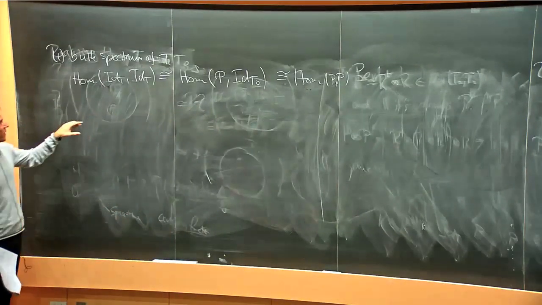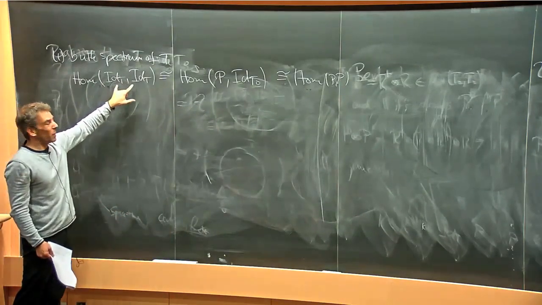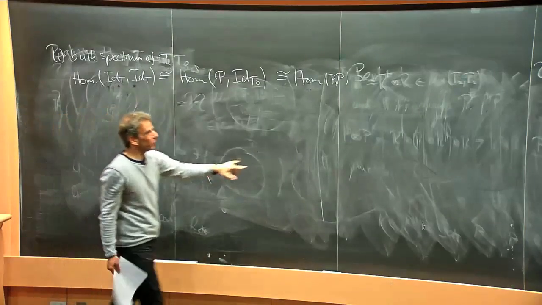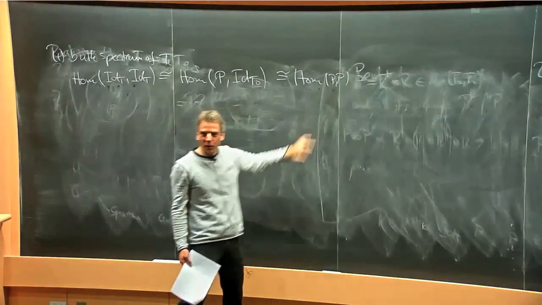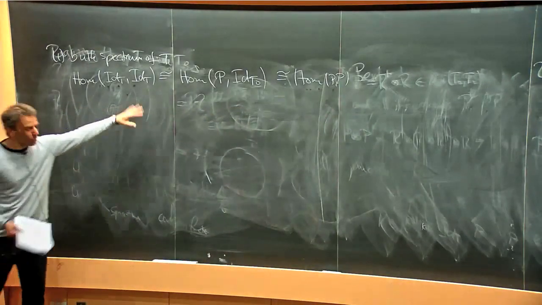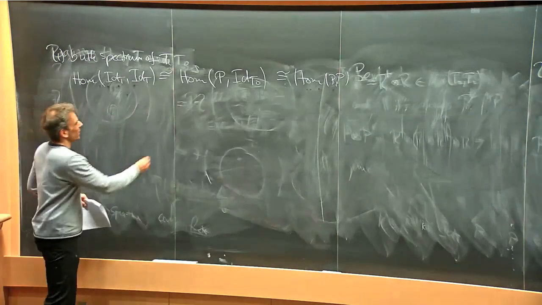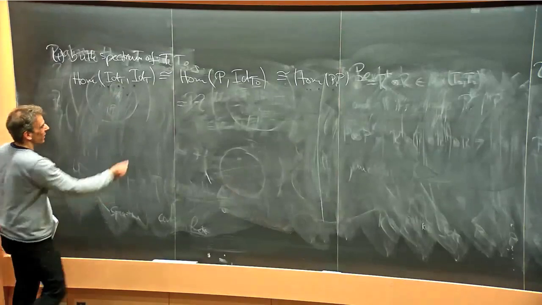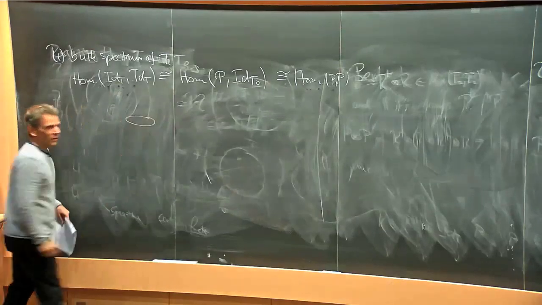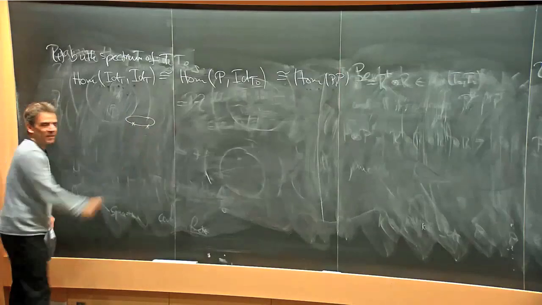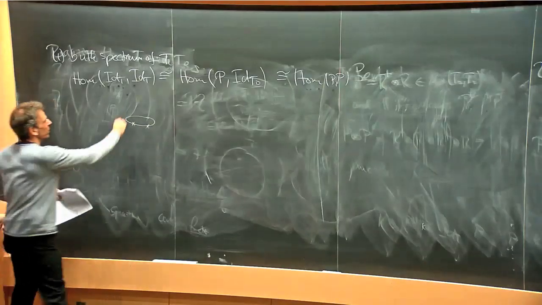So what I tell you is that the bulk fields living in these more complicated perturbed theories are nothing but the defect fields which live on this projection defect. So how does the isomorphism look like? Well, I told you that a space like this is related to these circles where you now have two insertions of the identity defect.